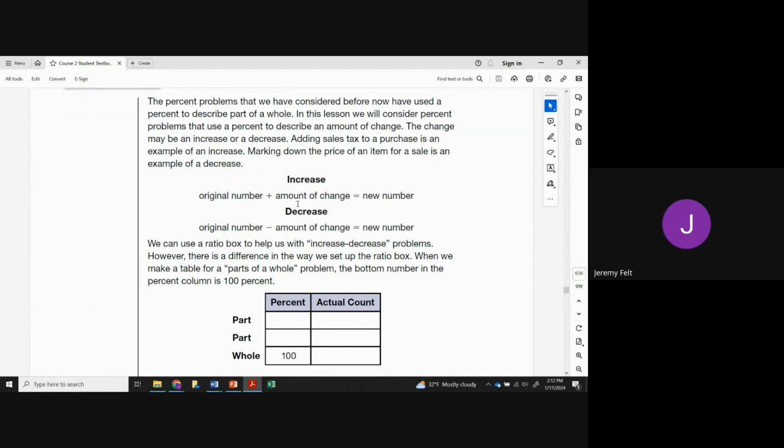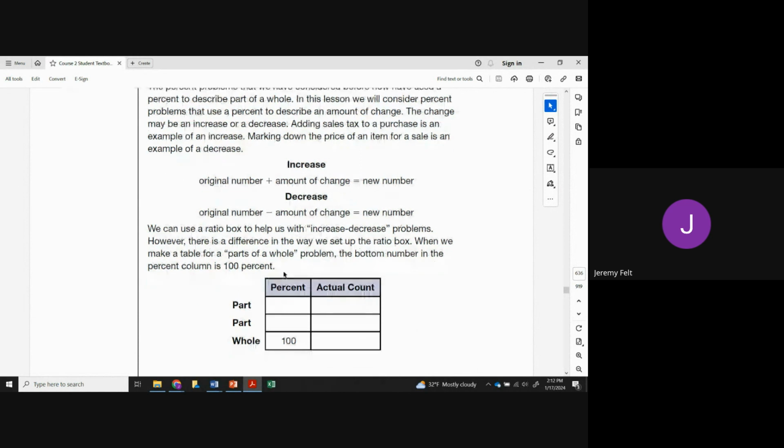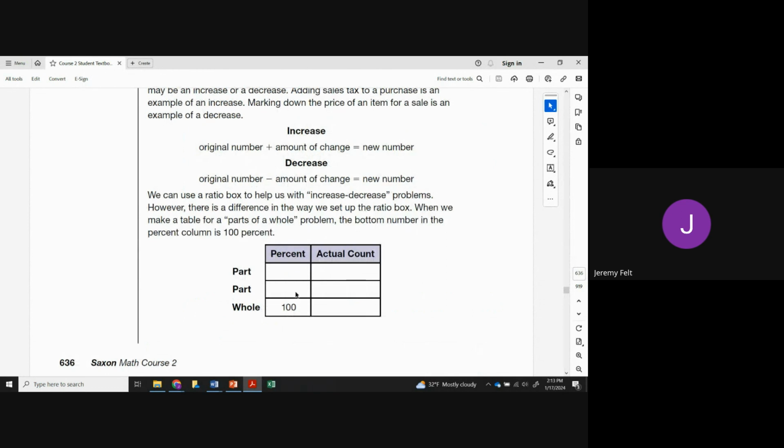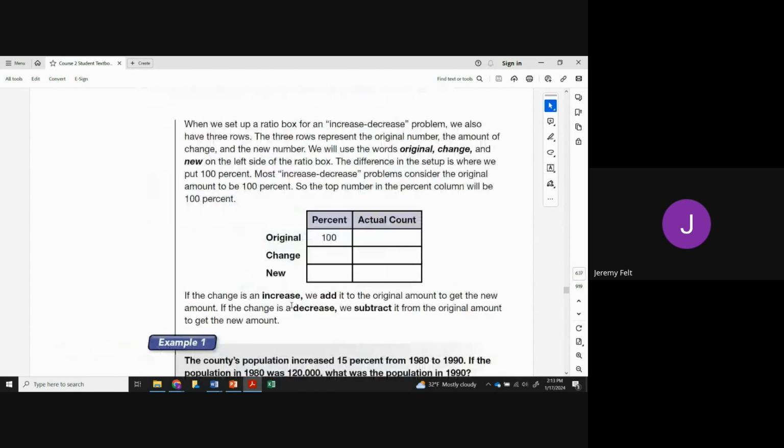We can have an increase or a decrease to get our new number. So we're going to set up, just like we've done with ratios before, whatever two things we're comparing: our total or our whole, which is 100%, and our actual count. The parts that add up to a whole, the whole or the total, is always 100%.